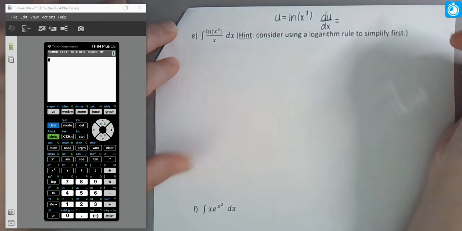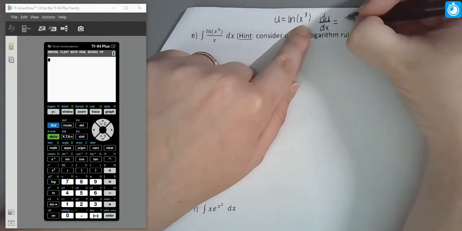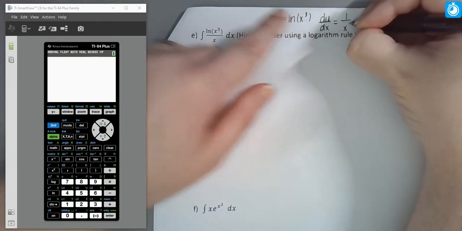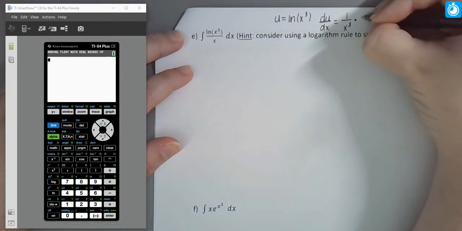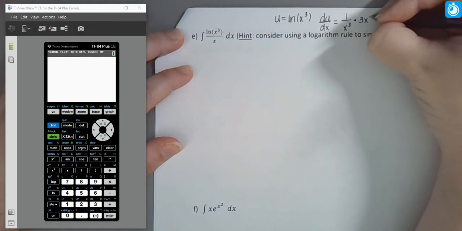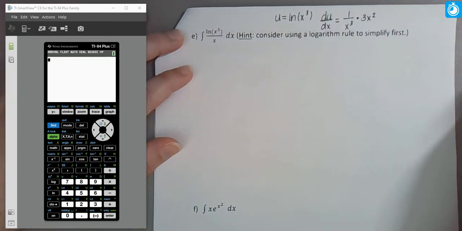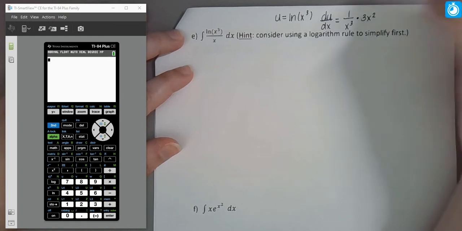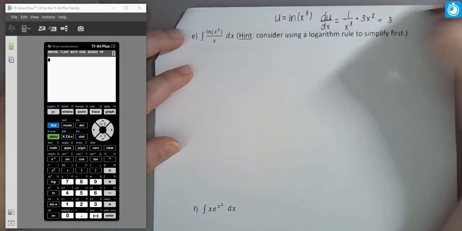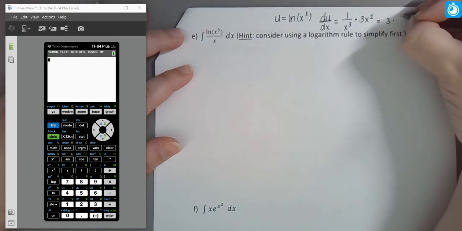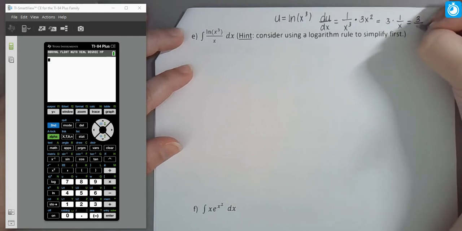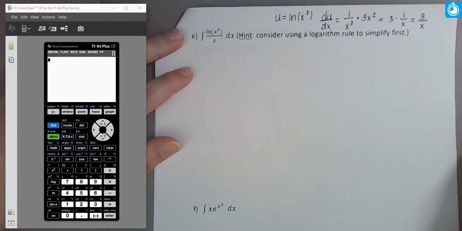Well, same rule: we have 1 over the inner function, whatever it happens to be, times the derivative of our inner function, and that's going to give us 3 times 1 over x, or 3 over x.